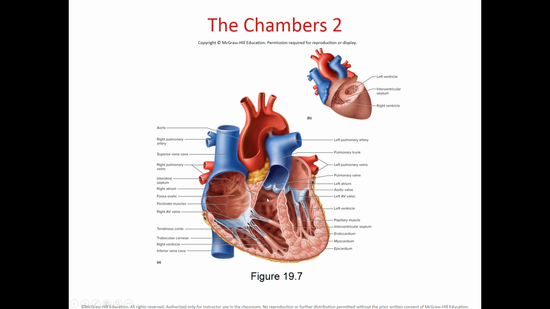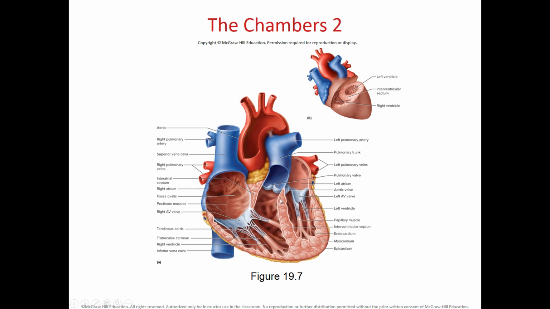Now, at the endings of, or the superior portion of the ventricles, you have these valves too, which are called the pulmonary valve in the case of the right side, and then you have the aortic valve in the case of the left side. These valves have the same function.